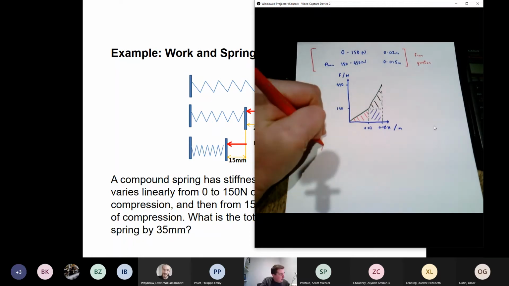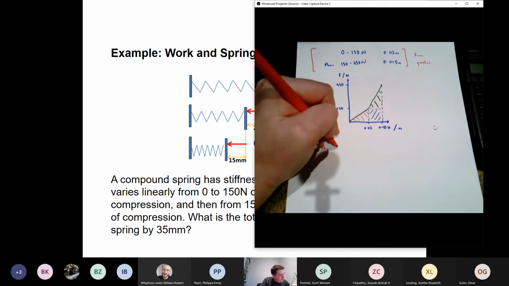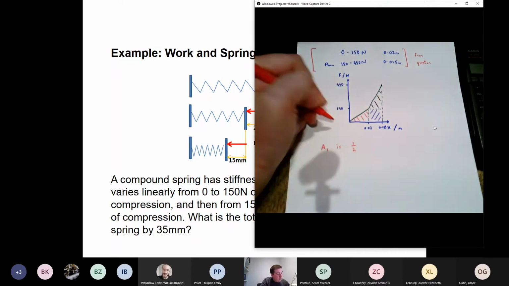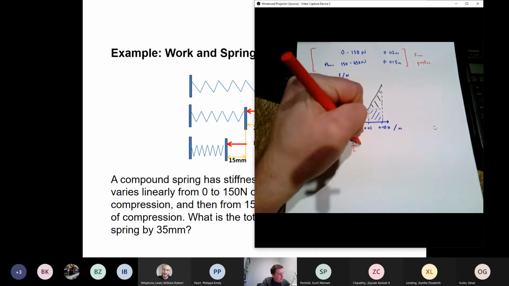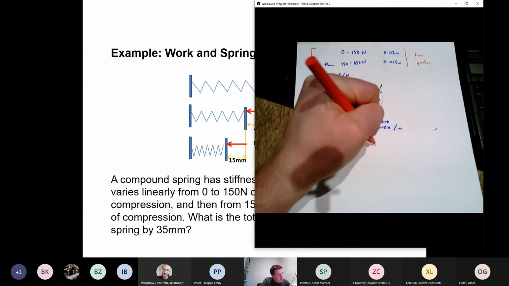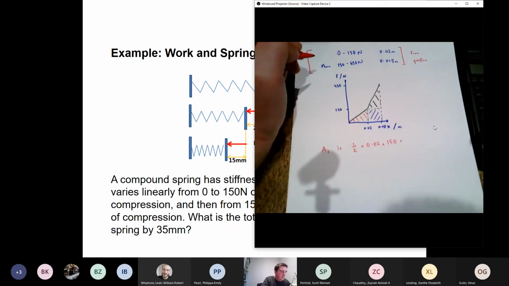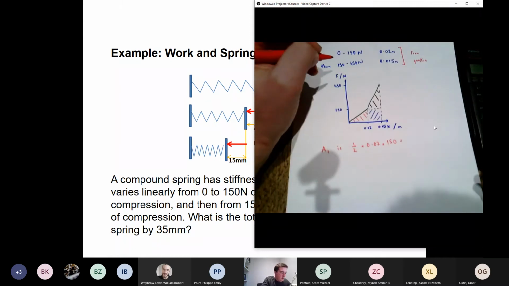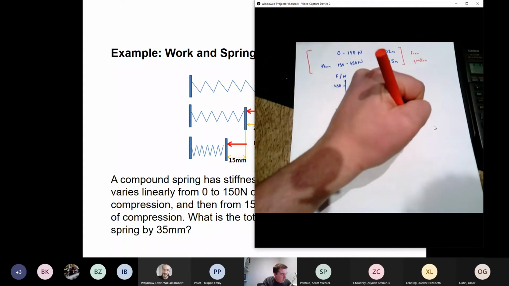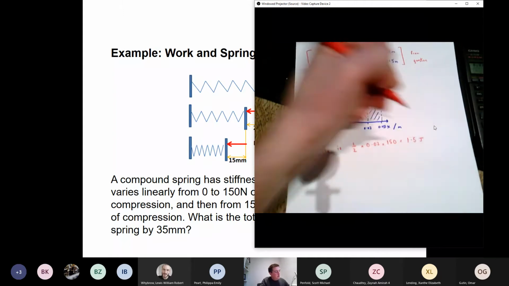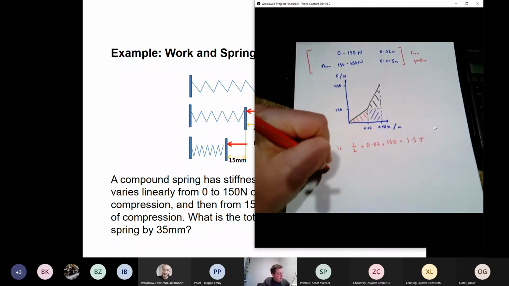So the red area, which we'll call A1, is a triangle, so it's a half the base times the height. Half times 0.02 times 150, which is 1.5 joules.